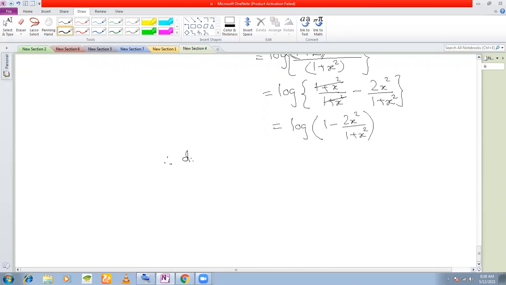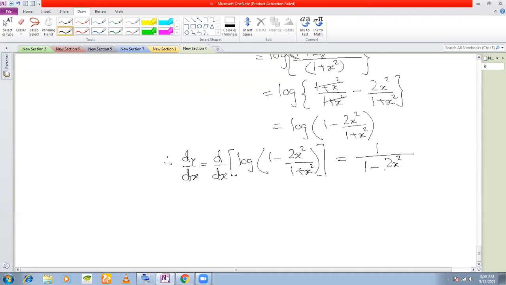So therefore dy dx is equal to d/dx of log of 1 minus 2x square by 1 plus x square. First, to differentiate the log here, what do you get? 1 by (1 minus 2x square by 1 plus x square) into d/dx of 1 minus 2x square by 1 plus x square.